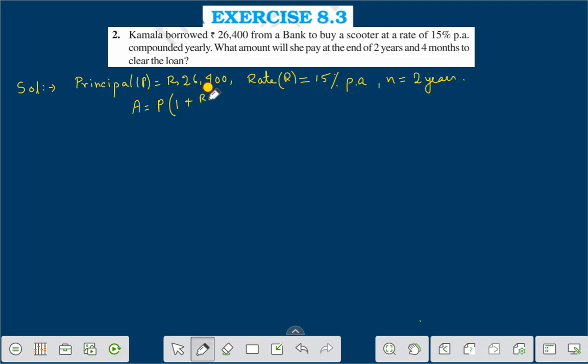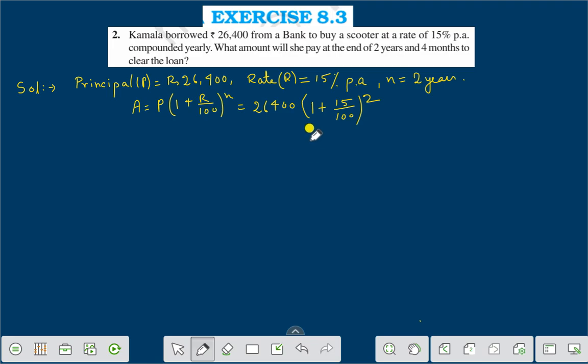Here the principal is 26,400, that is P, into 1 plus R by 100, where R is 15, so 15 by 100, and n is for 2 years, so the value of n is 2.